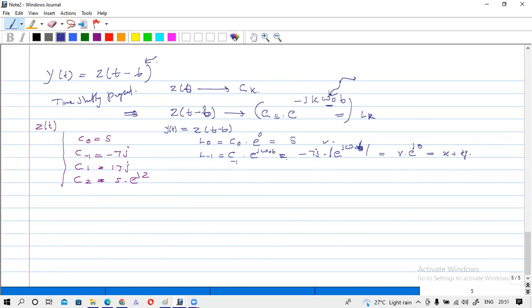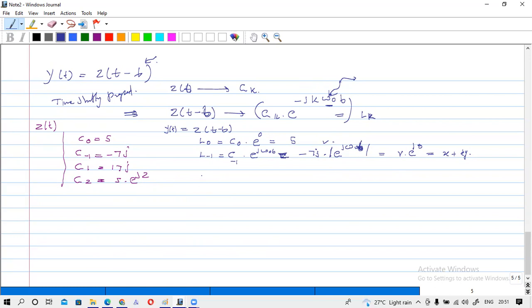But you need no further simplification. If you can find the value up to this level, you can get the full marks. So that is L minus 1.